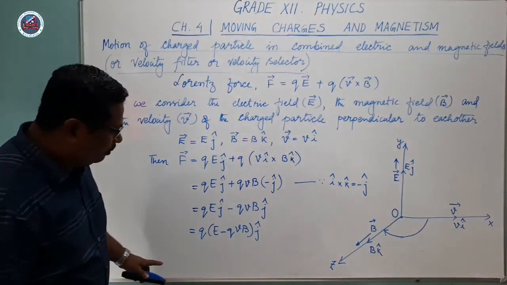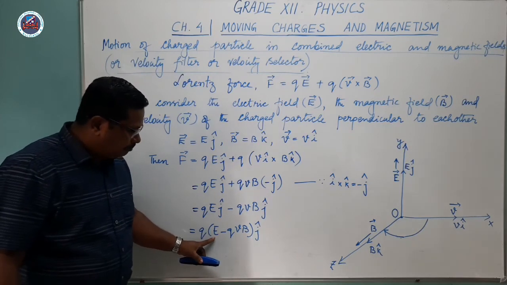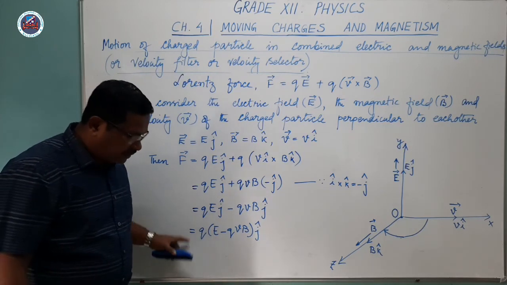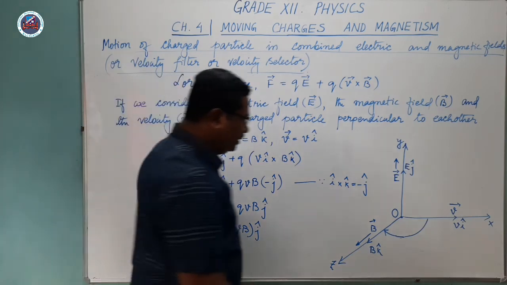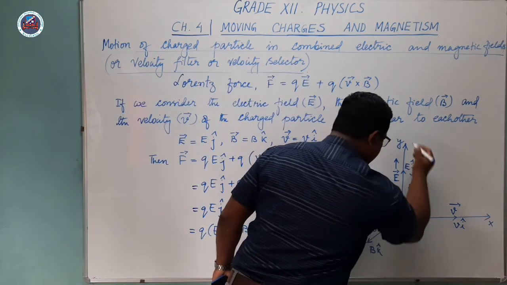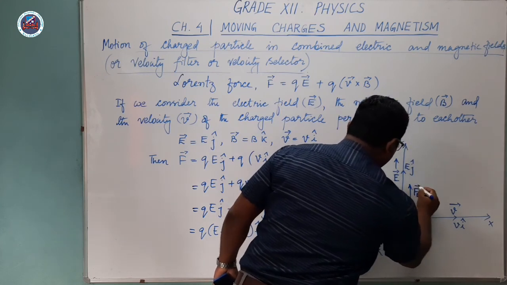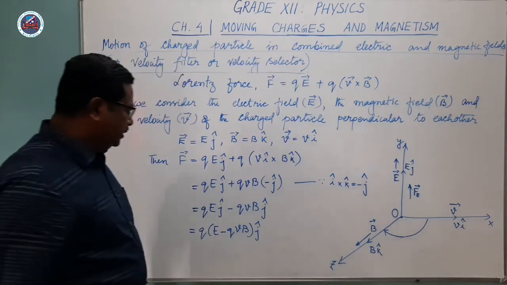From here what we know is if E is bigger, then it will be a positive quantity, and E j cap, then the force will be towards the positive y-axis, that is, the electrical force will be in the upward direction.